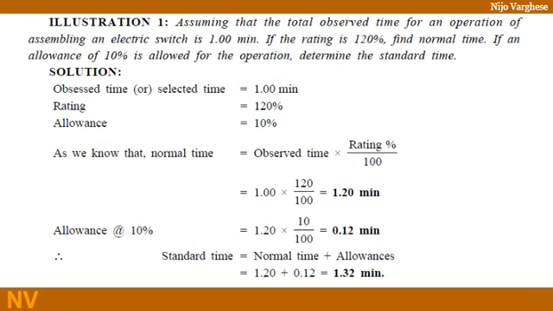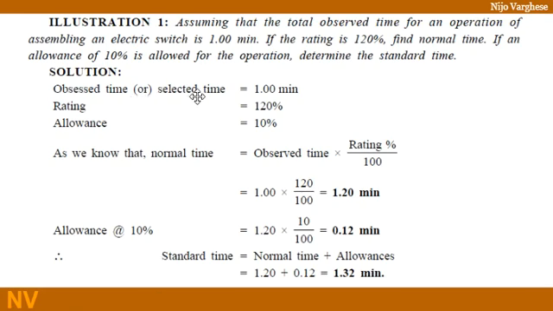To calculate the normal time, we need the observed time as well as the performance rating, which is given. Then, if an allowance of 10% is allowed for the operation, determine the standard time. So two things are asked: the normal time and the standard time.